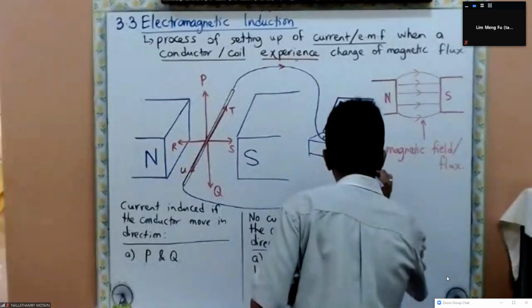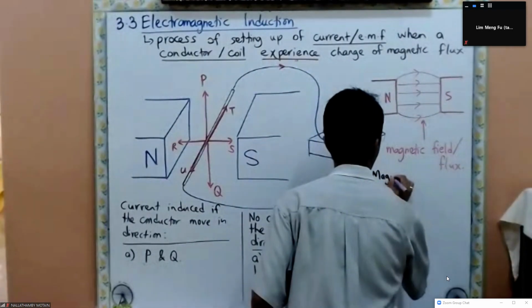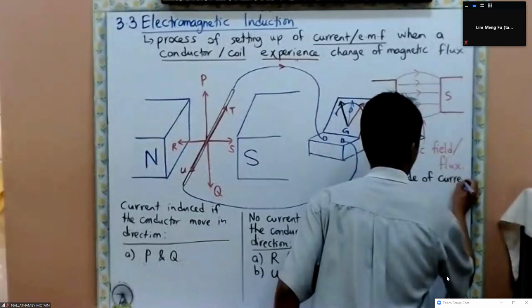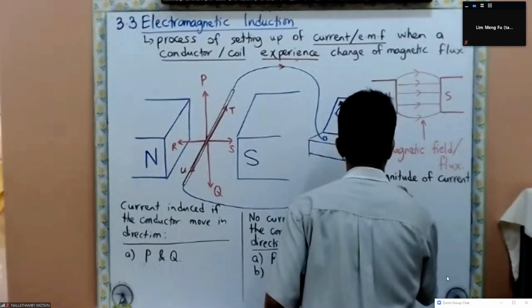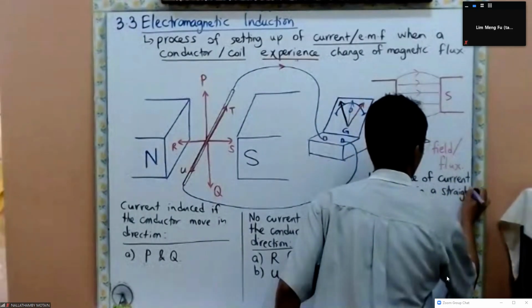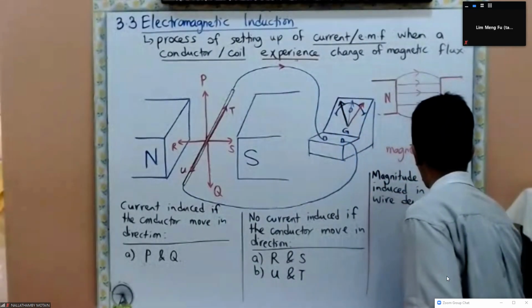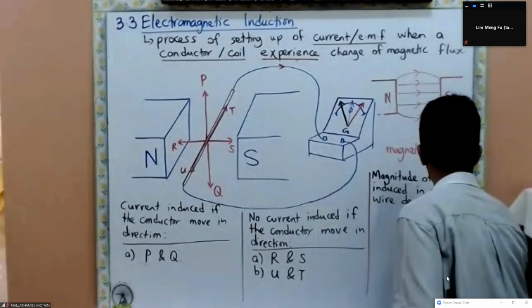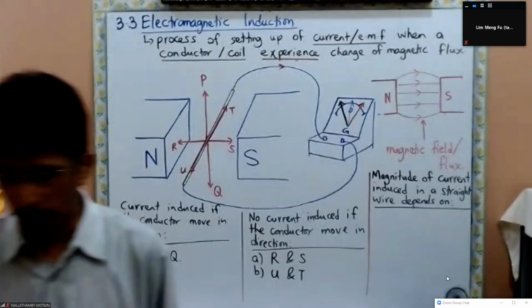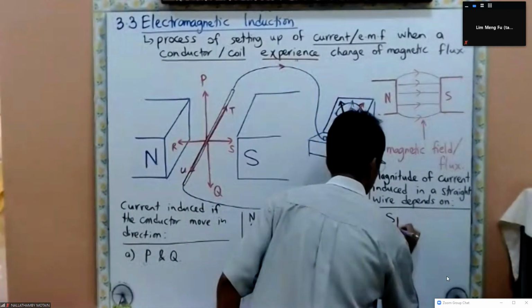So the next one: the magnitude of current induced in a straight wire depends on, number one, speed.